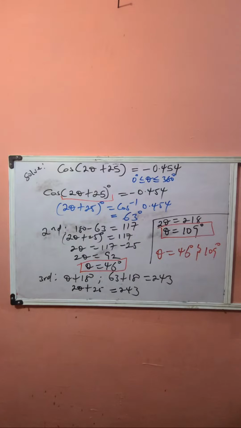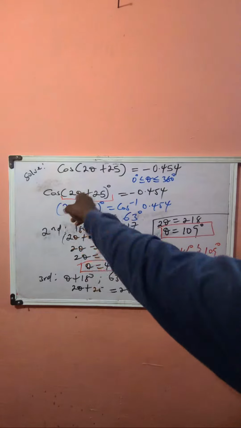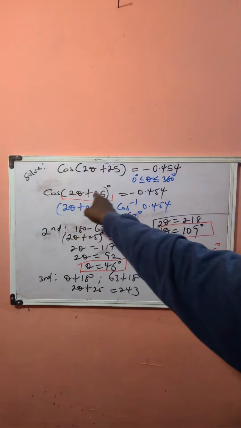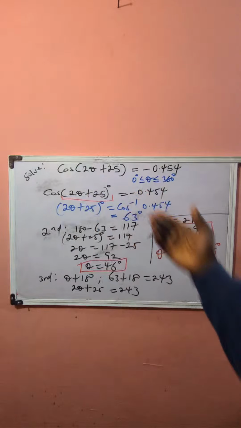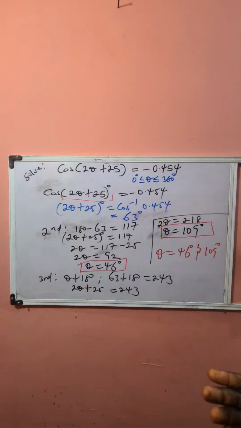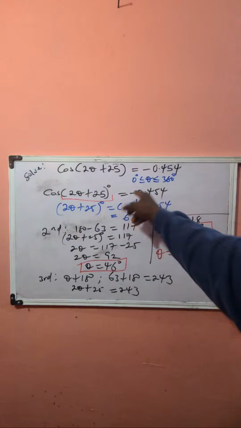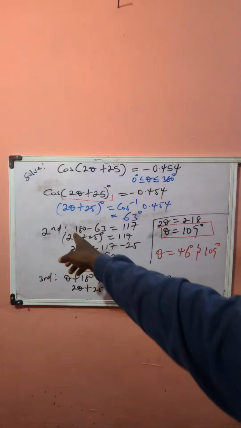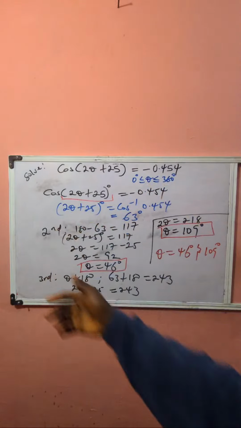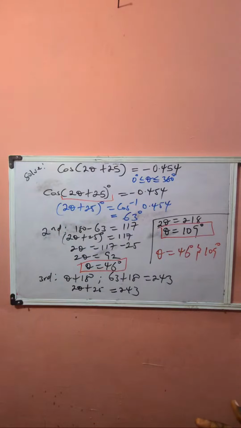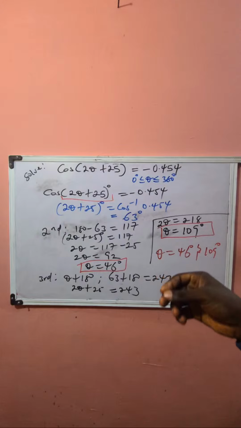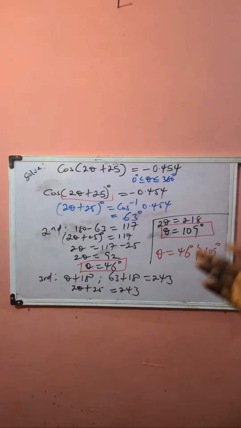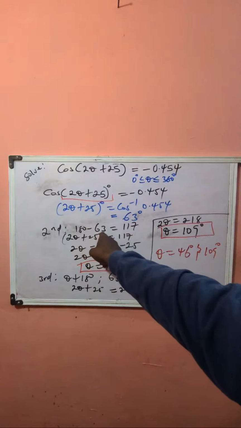So the same way we're going to handle it, if this whole 2 theta plus 25 was just theta, we are going to ask ourselves, where is cos negative? So we discovered that cos was negative in the second and third quadrant by our understanding of the quadrants and how they work. And the operation that functions in the second quadrant is 180 minus theta.